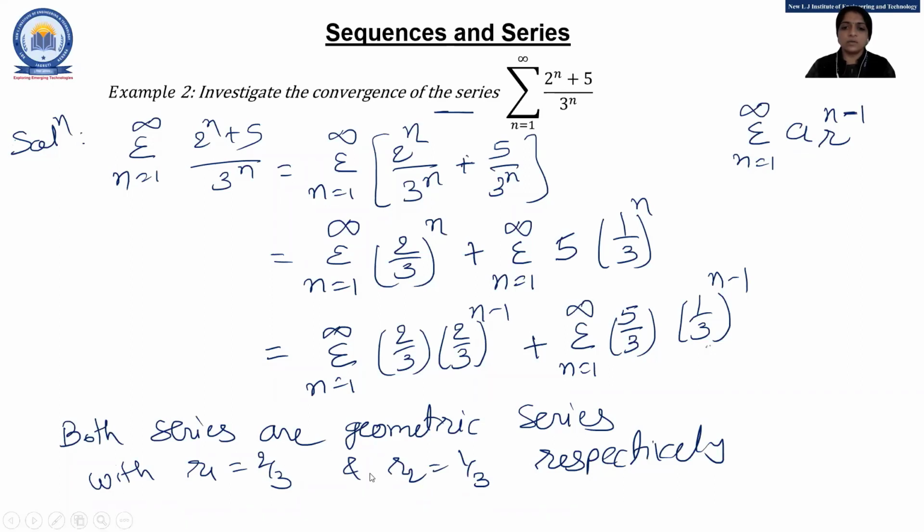Now, modulus of R1, which is 2 by 3, is less than 1, and modulus of R2, which is 1 by 3, is also less than 1.